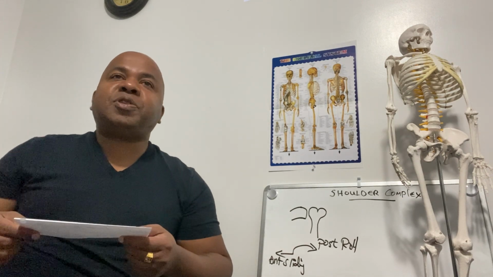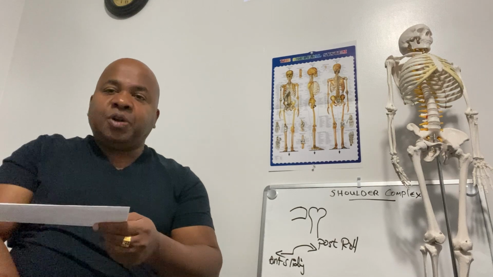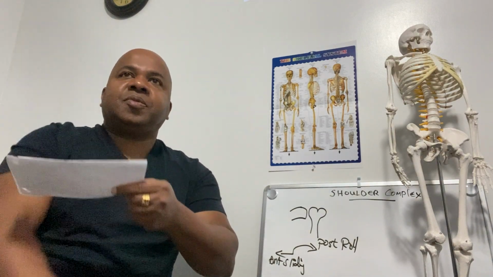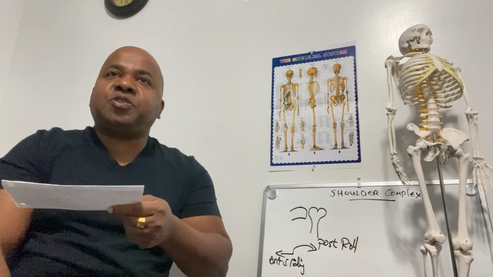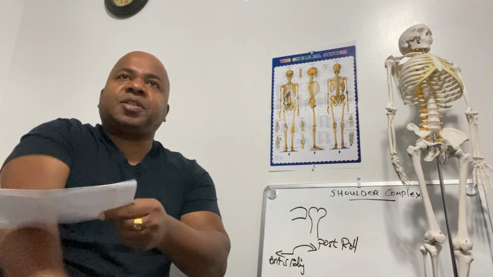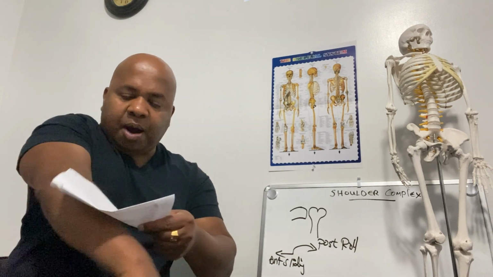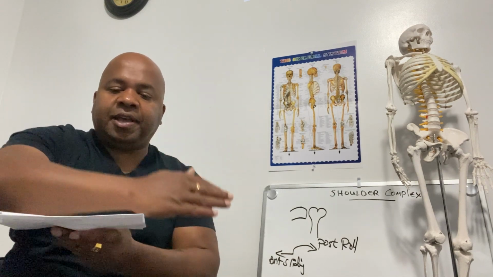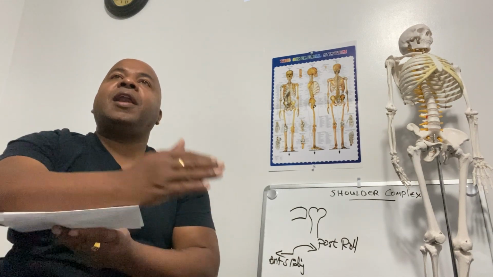And which movements are possible? Can you do flexion? No. In the transverse plane flexion is not possible because the plane obstructs the movement. Can you do abduction, adduction? No. The only movements that are possible in the transverse plane are medial rotation and lateral rotation.